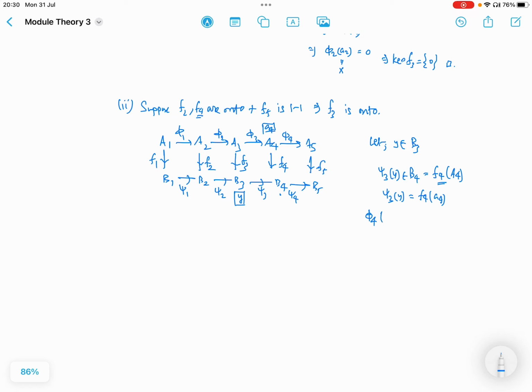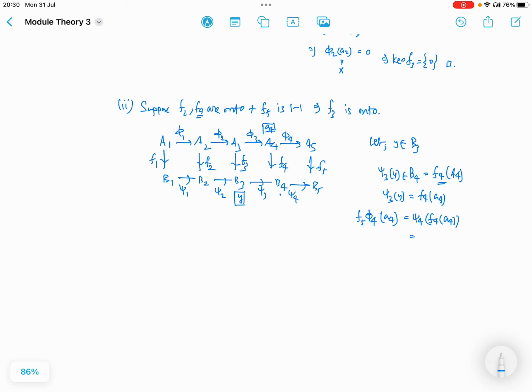So now if you apply phi 4 to A4, you will go into A5, and then you can apply F5. But due to commutativity, this is the same as if you apply F4 to it and then psi 4.